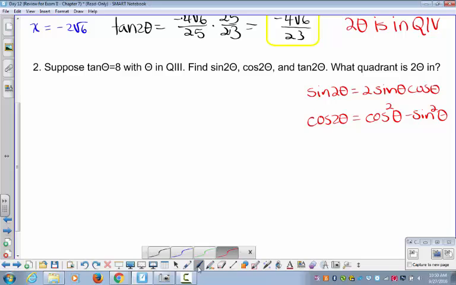Tangent is going to be equal to 8. That means y over x has to be 8. We're in quadrant 3 where x and y are both negative. So negative 8 divided by negative 1.